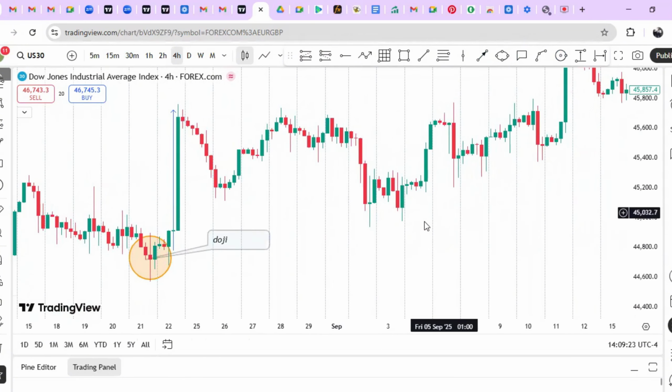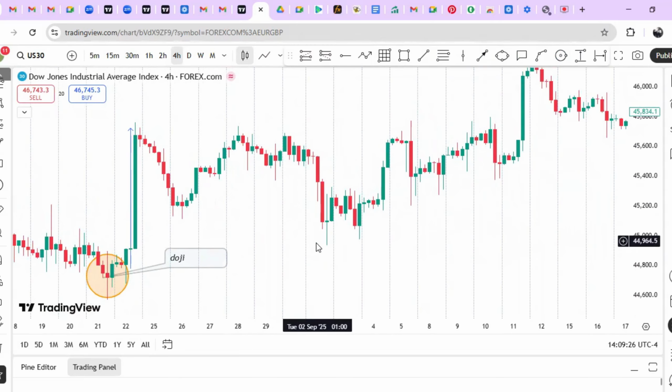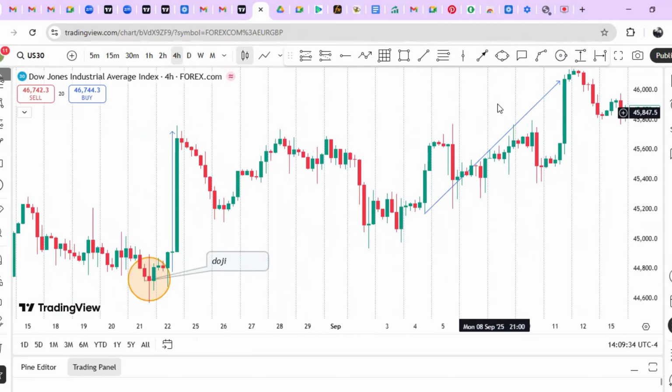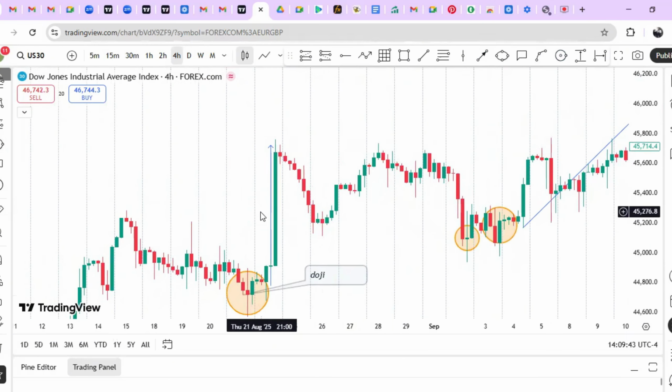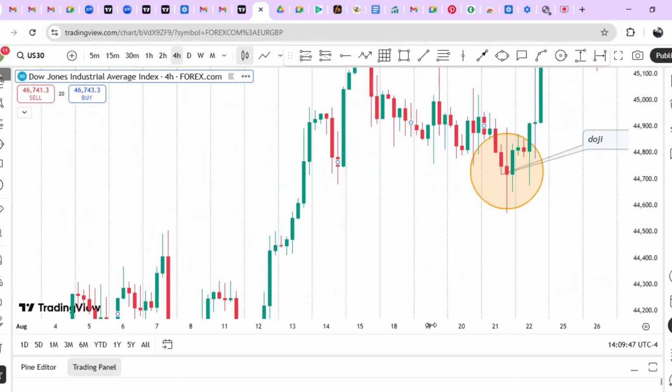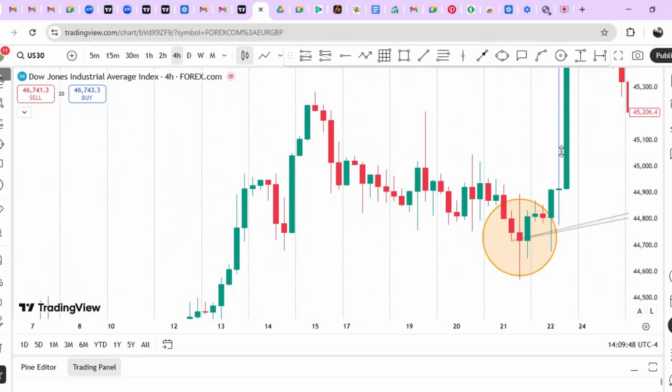We had this sell to the downside. Doji formed, an engulfing candle formed. You can see this push to the upside. So take note of these candles, the engulfing candle and the Doji. Both candles are paired together. And let's see this one. We had a small sell there, but it still counts.